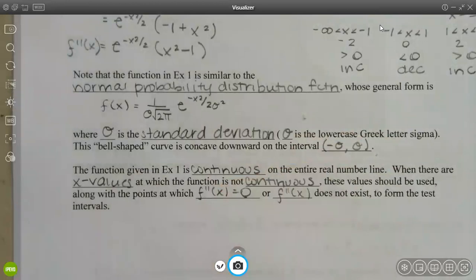So again, when it's not continuous, points of discontinuity, you want to make sure that those are used as well. Everybody good?